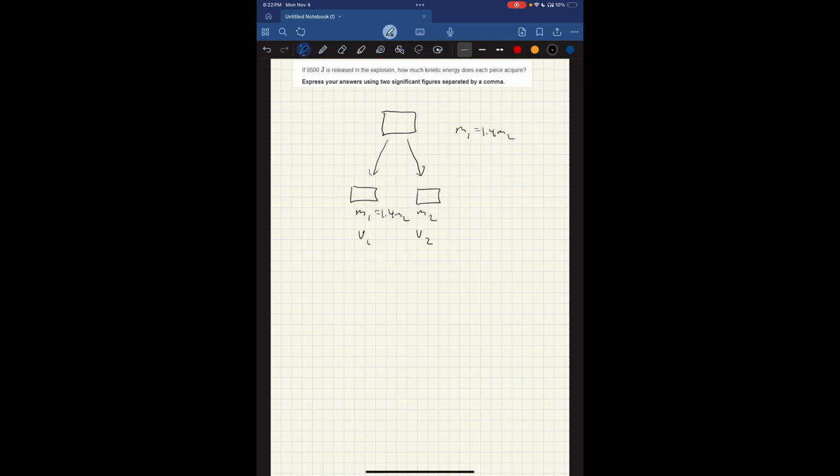Because the initial velocity is equal to 0, 0 is equal to m1 v1 plus m2 v2. This is the momentum of 1, this is the momentum of 2.